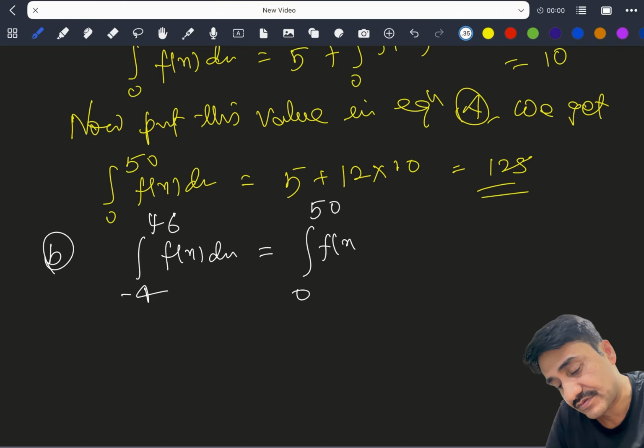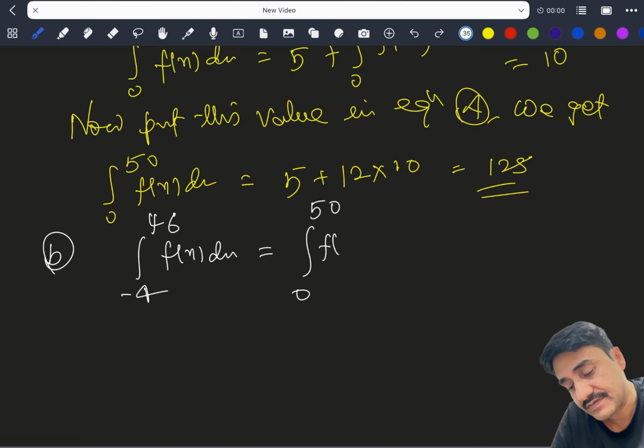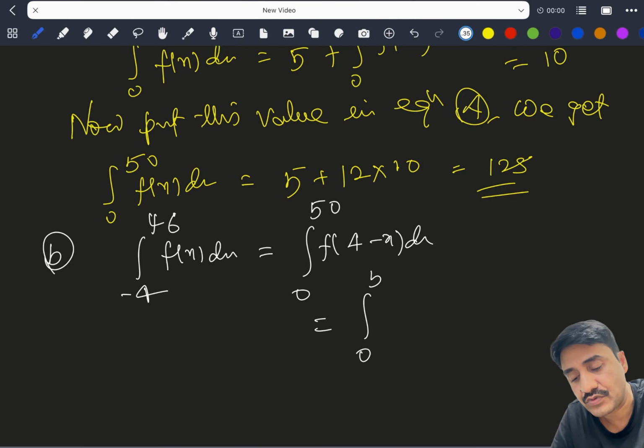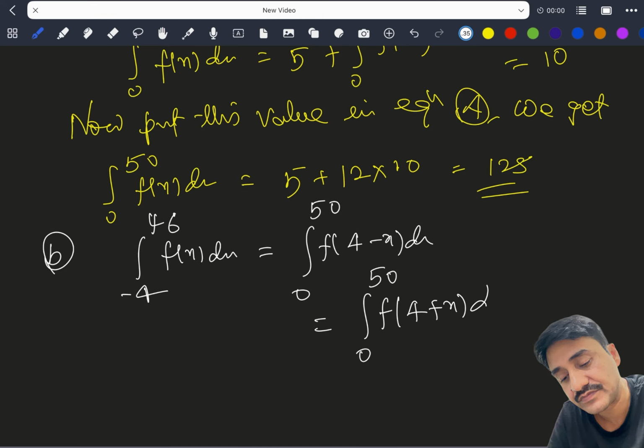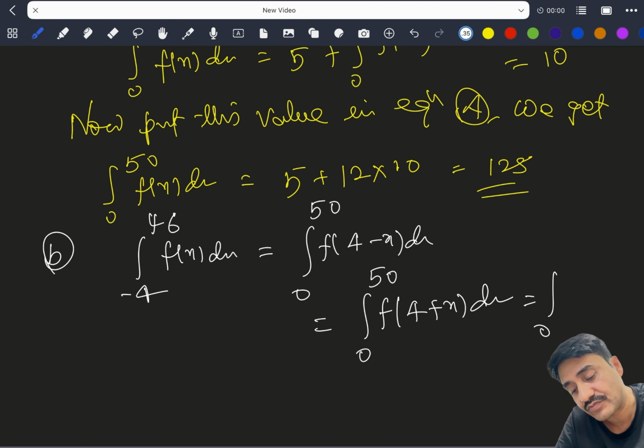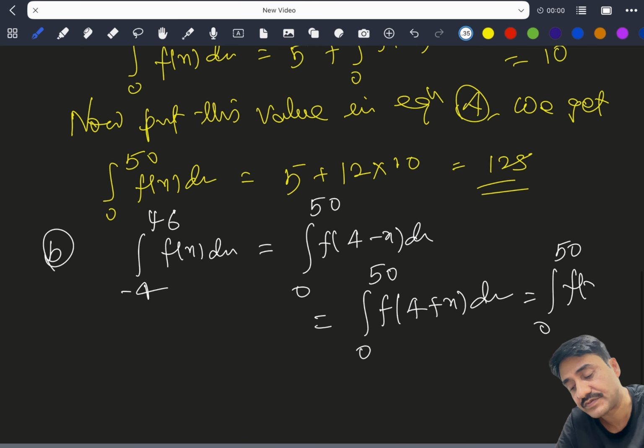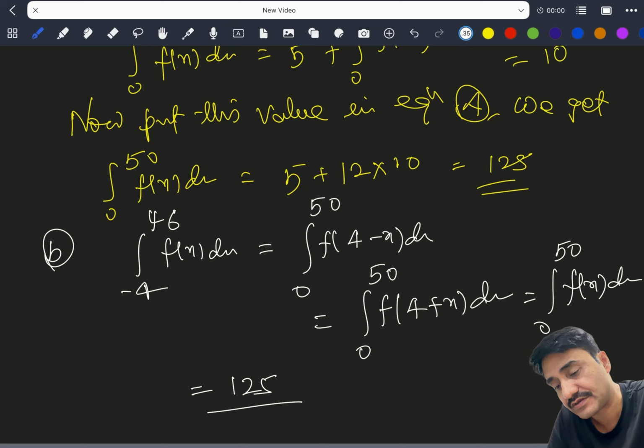We added, so here f(4 minus x) dx from 0 to 50, and f(4 plus x) as per the given information, but this is a periodic function, so 0 to 50 f(x) dx. We have just proved this, so proved. B is also a correct option.